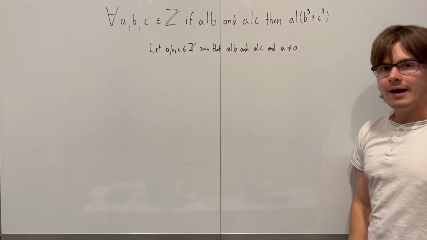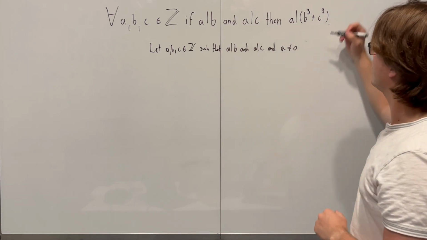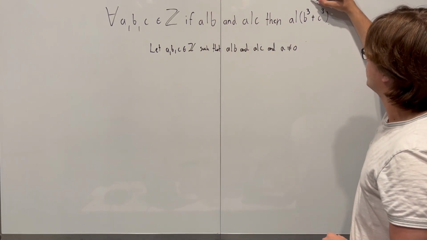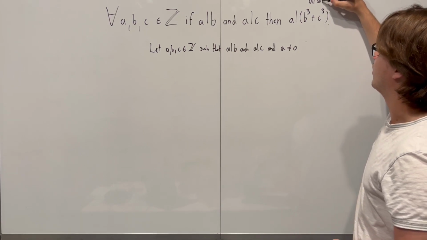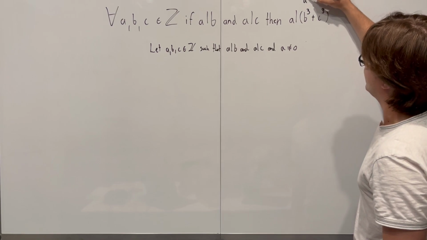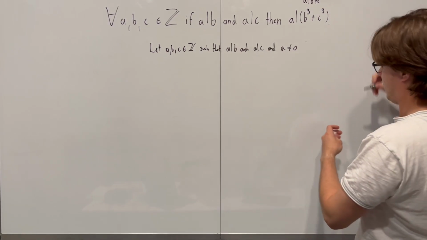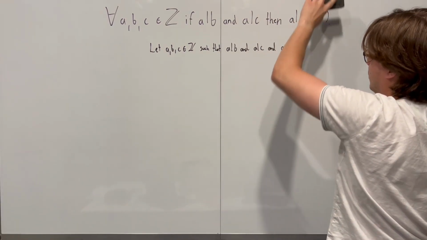If you're not sure why I added this not equal to 0, watch my previous divisibility proofs, specifically the one where I prove that a does divide a multiple of a, or if you don't like that one, a divides b plus c. Both of those are perfectly fine videos with explanations for this problem.